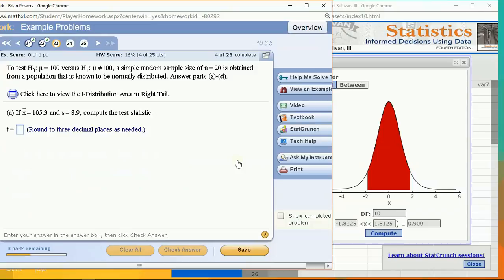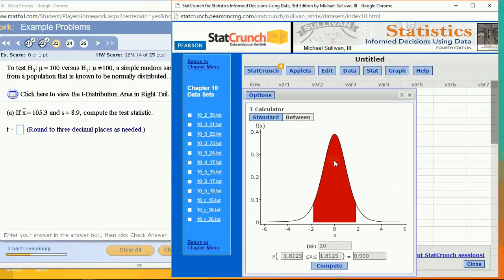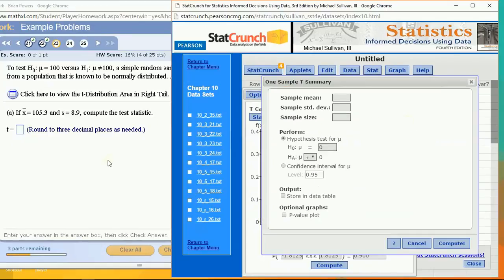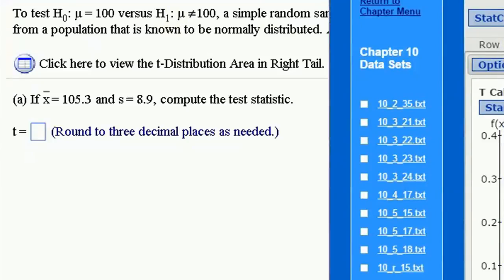Okay, great. So now we want to do a hypothesis test. Let's go back to StatCrunch and pull up our hypothesis test. For t-stats, we're going to do one sample with summary data. So I'm told I have a null hypothesis mu equals 100, alternative mu not equal to 100. Let's put that in right now.